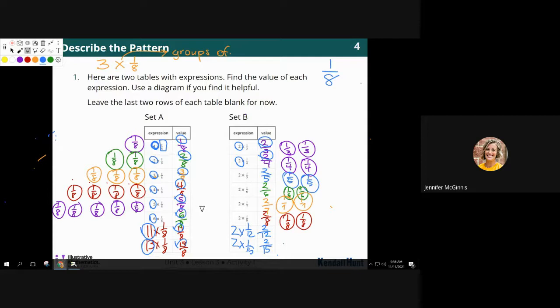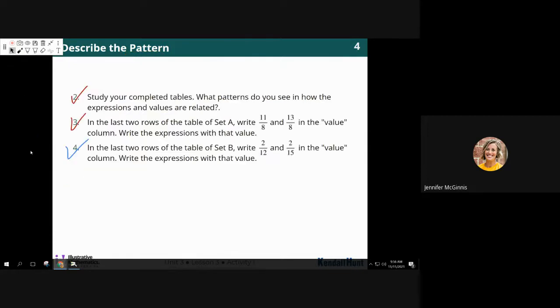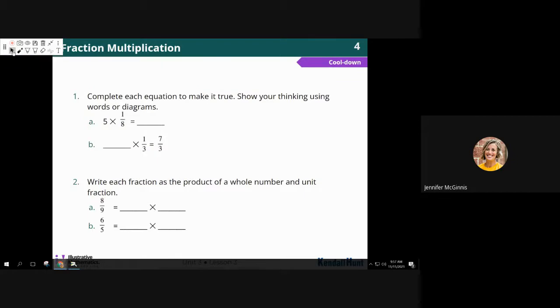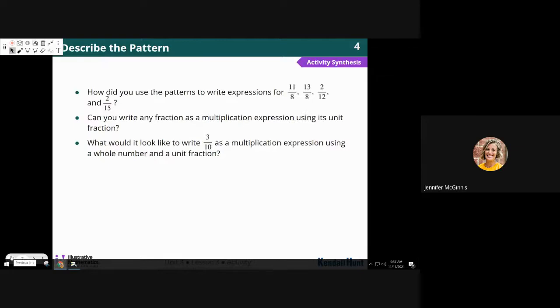All right. Can you write any fraction as a multiplication expression using its unit fraction? Turn your paper over. You got a blank side. So we did this.